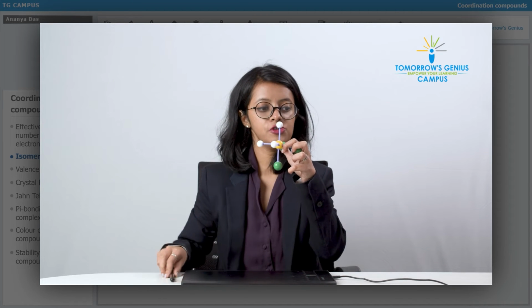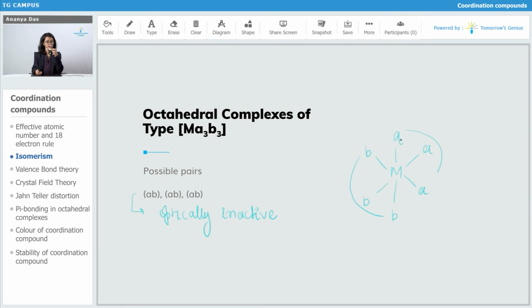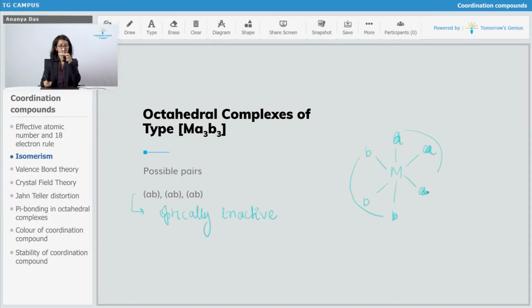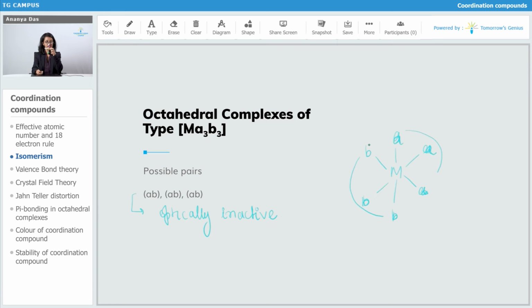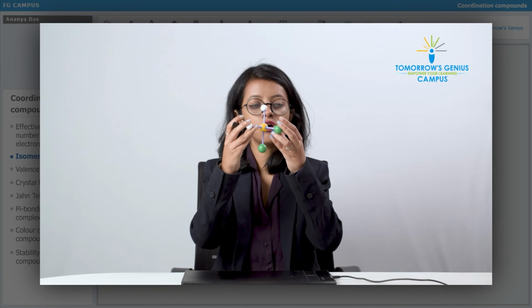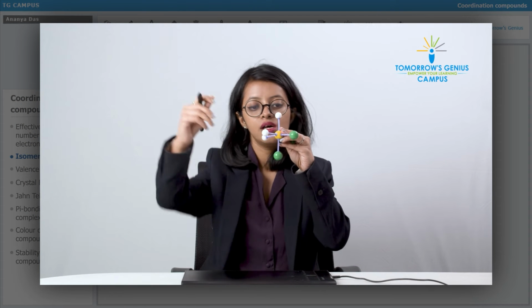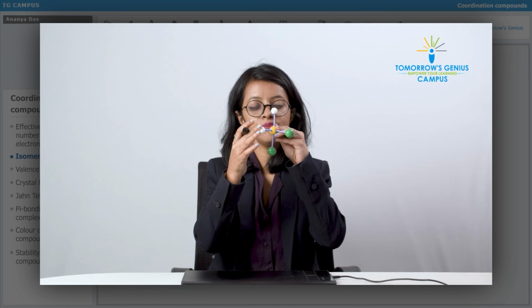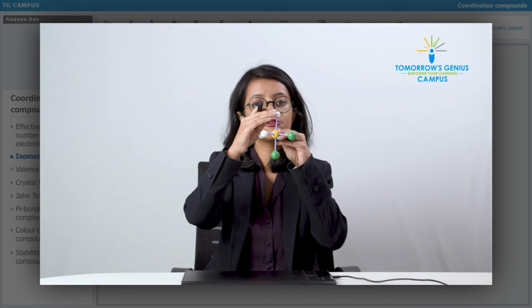If you see this A and this A, this A and this B, they are the above and below the plane, and this A, this B and this B, they are the ones which are on the plane. So in this isomer, two of the same ligands are on one plane and one of the other ligands is on a different plane.